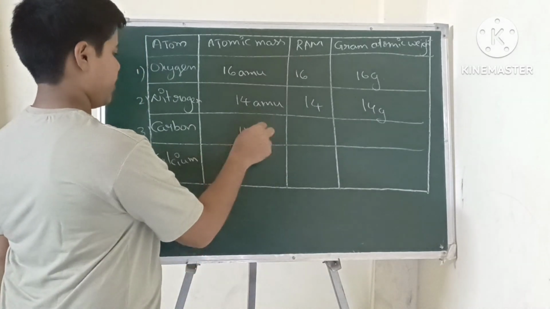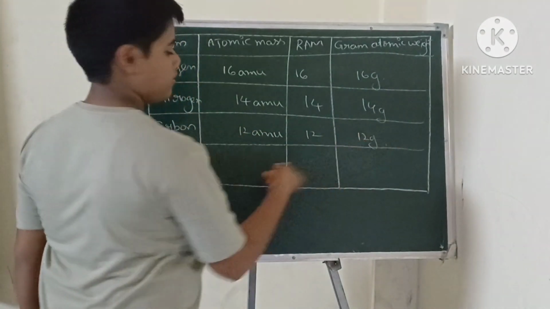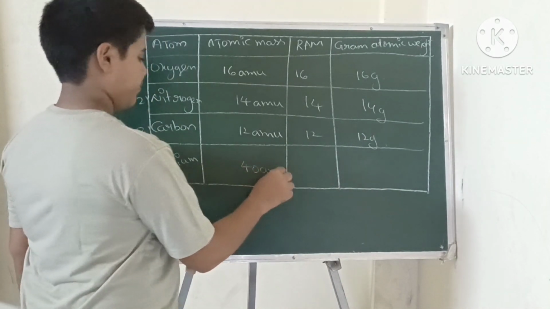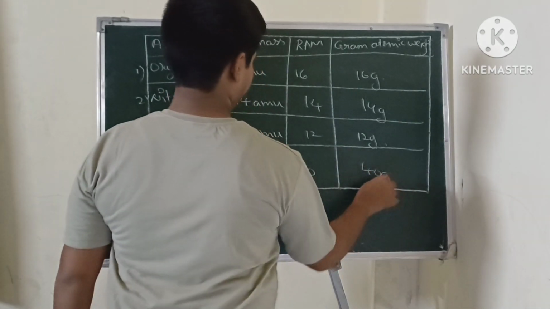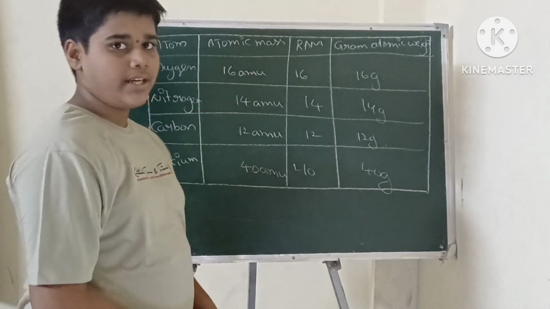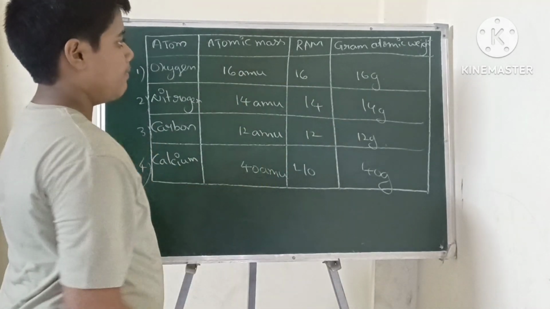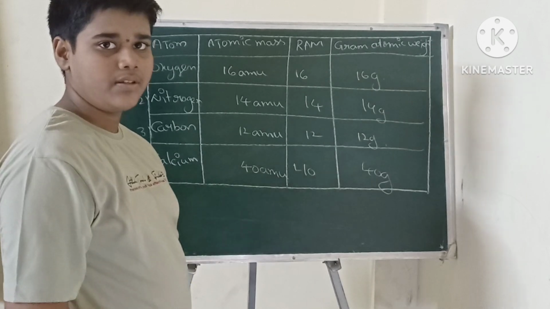And in carbon, 12 AMU, 12 and 12 grams. Here also no change. And here calcium is 40 AMU, 40 grams. Here also there is no change. So we can compare these three measurements by giving them in a table.